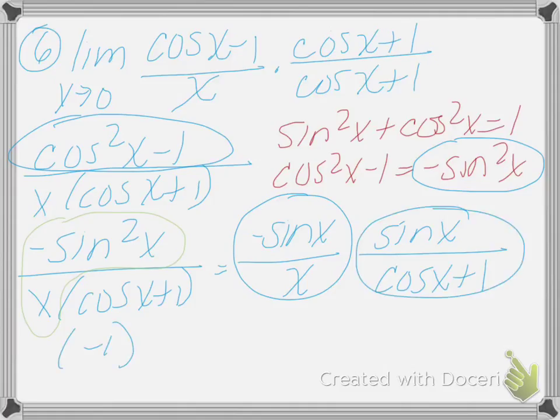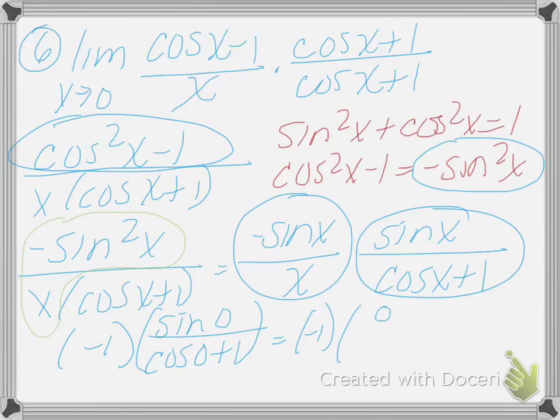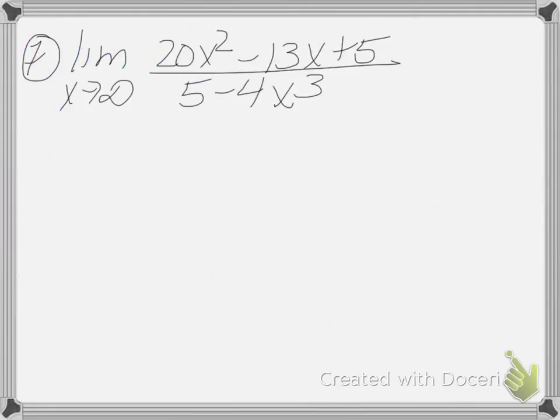And this piece over here we can substitute. So we're going to get sine of 0 over cosine of 0 plus 1. So we have -1 times sine of 0 is 0, cosine of 0 is 1. So we have 0 times -1, which is just 0, and that was the answer.